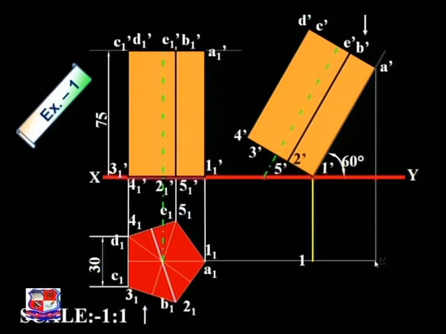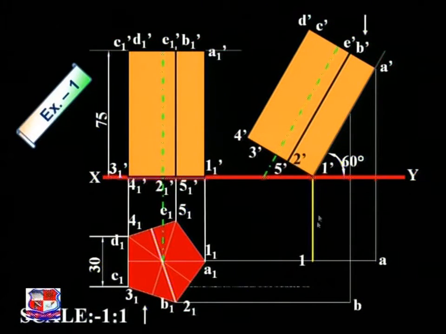So here is point 1 or point A. Point B, horizontal line from point B1, vertical line from point B dash, both will meet at this point, that is point B. For point C, horizontal line from point C1, vertical line from point C dash, both will meet at this point, that is point C. Similarly, point D would be here, point E would be here, horizontal line from point E1, so here point E would be there.